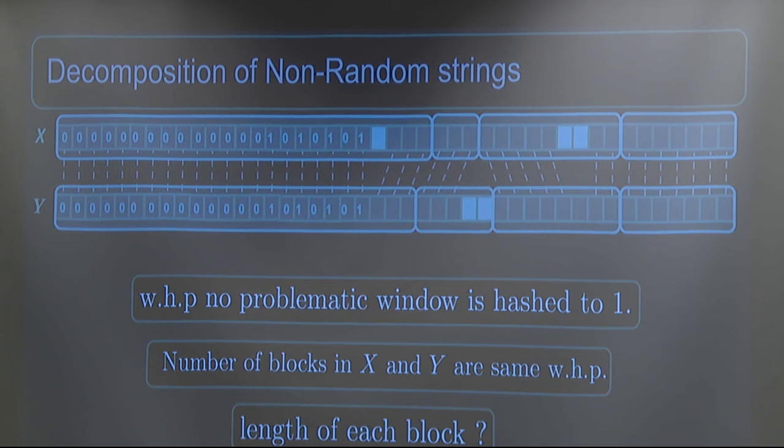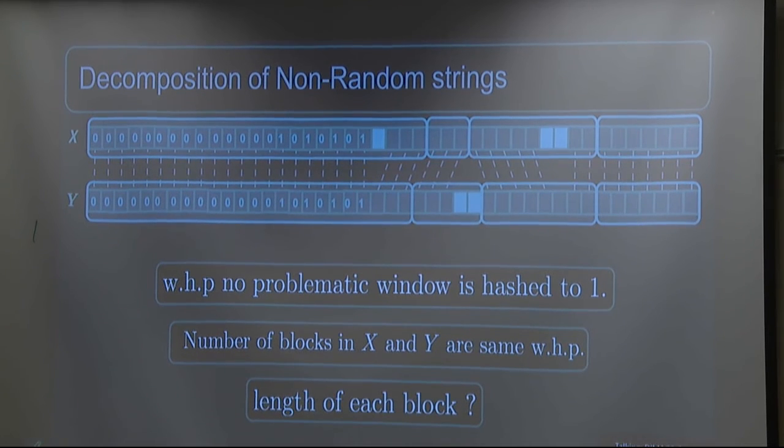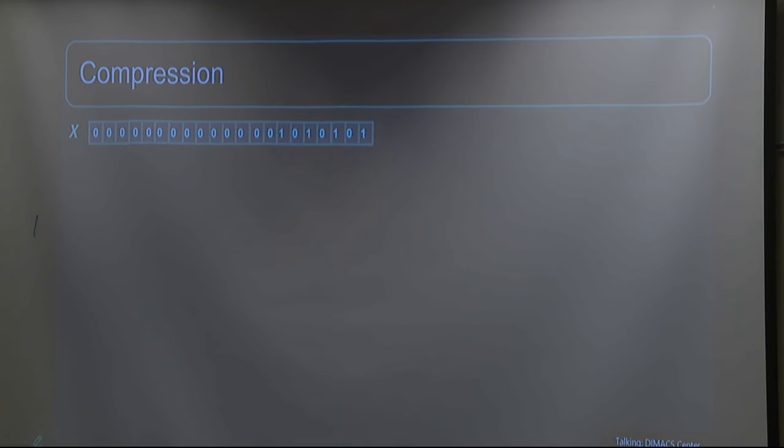So what we can do is, if this happens, that means that we have a lot of repetitions, either of the same character or some pattern. So we will try to compress it. So that's the plan. We use two kinds of compression.